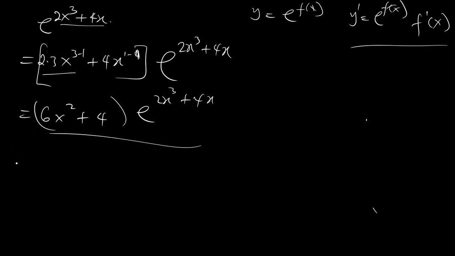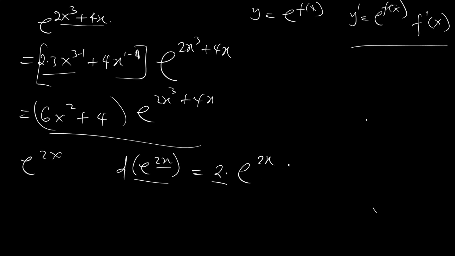Now, if you have something like e to the power 2x, using the same principle, the derivative of e to the power 2x will be the derivative of this, which is 2, times this value, because f of x is 2x and f prime is 2.